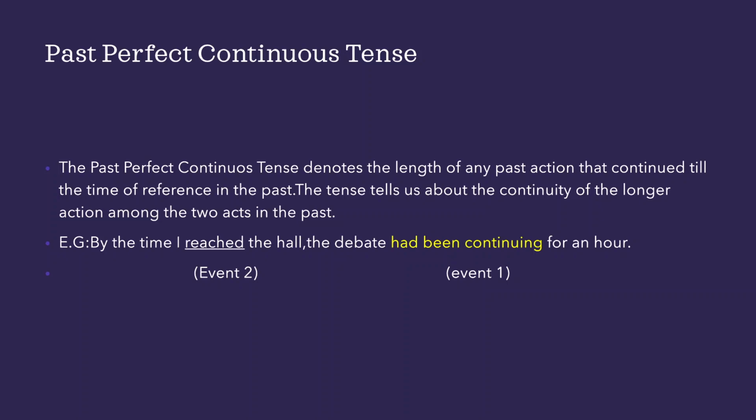Now, if I take another sentence, Raju had been playing for this club for 9 years. This sentence refers to the length of Raju's involvement with a particular club in the past. This also tells us that Raju is no longer playing there, or that the career of Raju has recently ended.